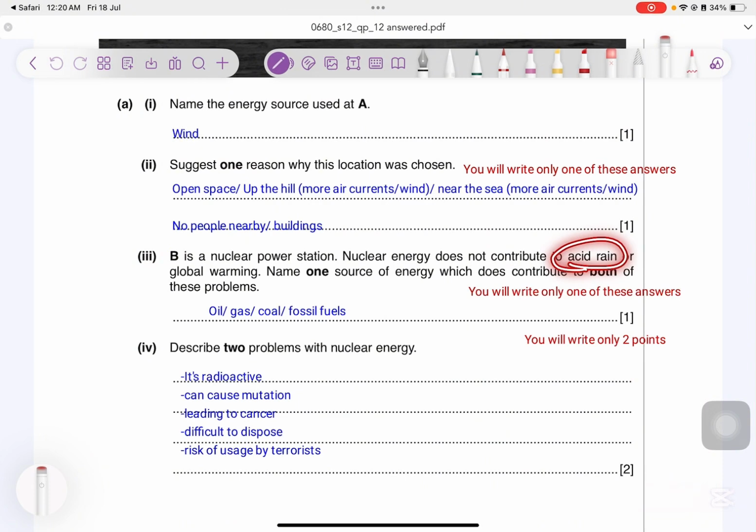Carbon dioxide, methane, and water vapor are the main greenhouse gases. Carbon dioxide is released from combustion and from respiration, methane is released from rice fields or from cattle, and water vapor is abundant from water.